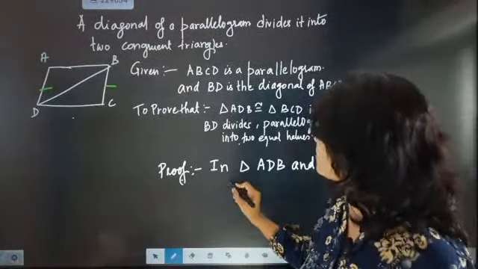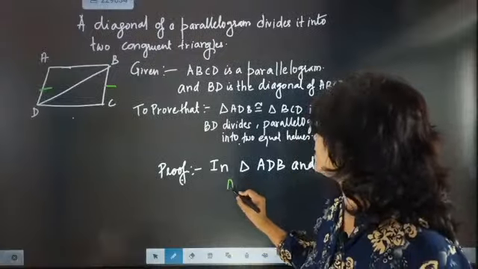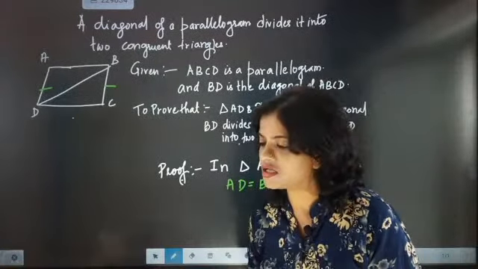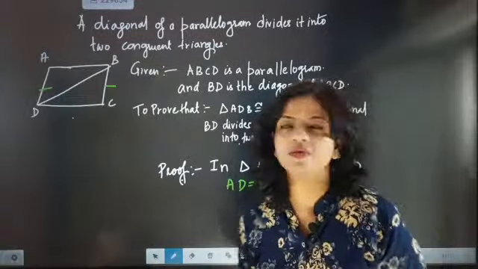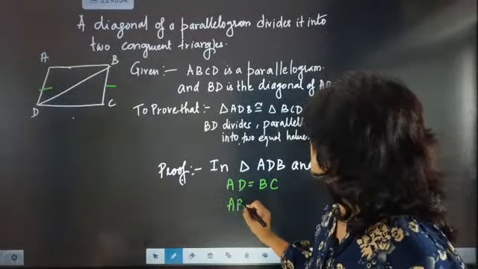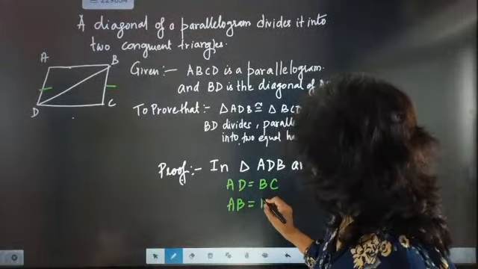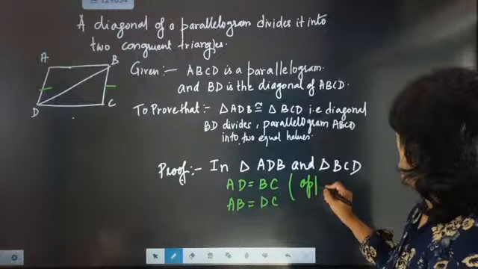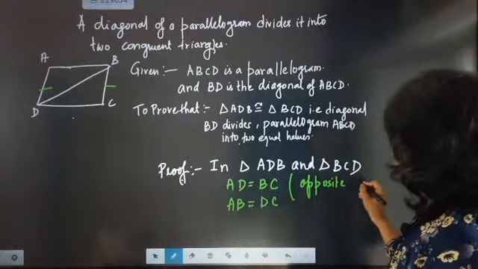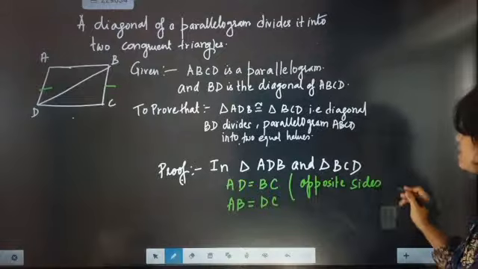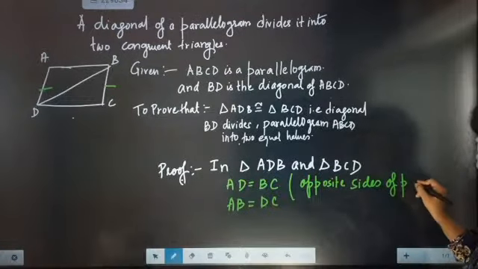So AD will be equal to BC, and now AB will be equal to DC. Opposite sides of parallelogram are equal.